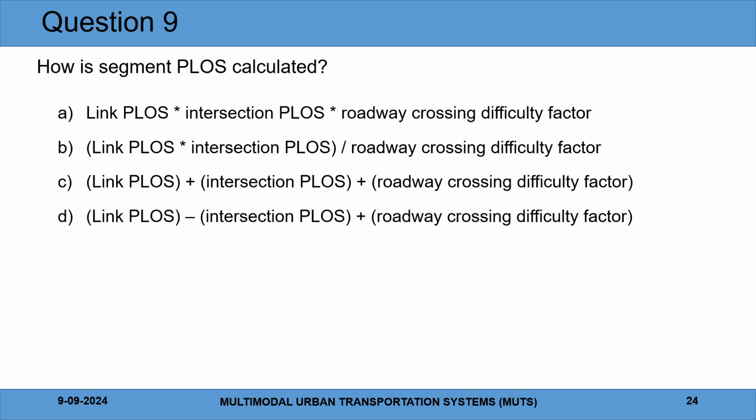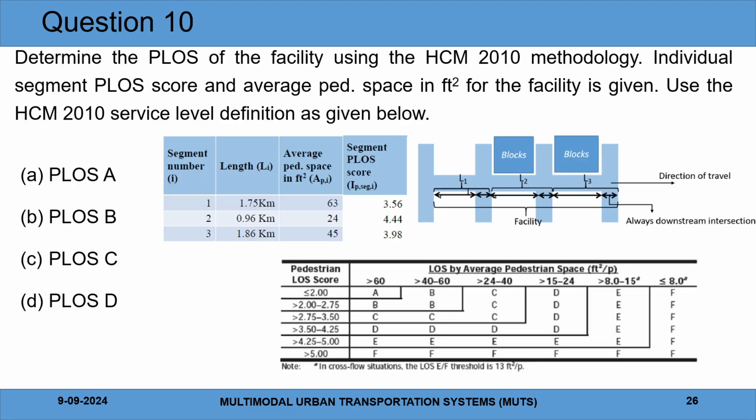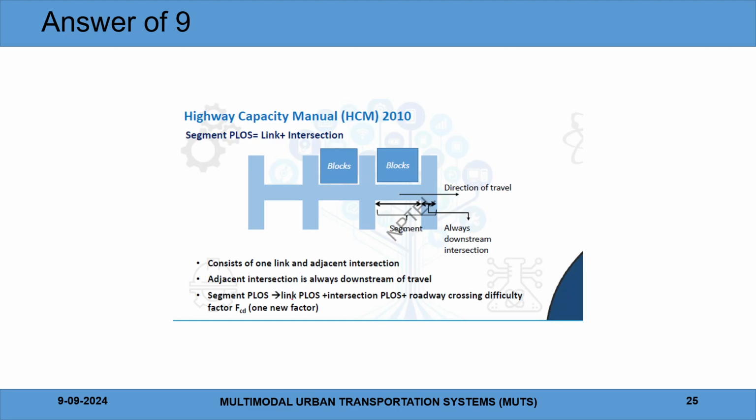In the previous question we were discussing that for calculating this segment, it is link PLOS plus intersection PLOS plus roadway crossing facility.